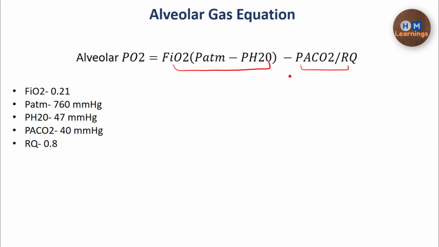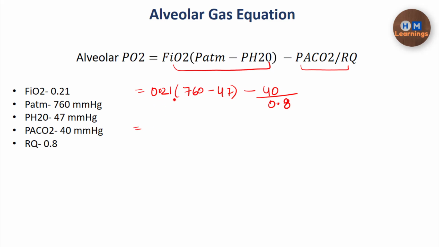This part tells you the partial pressure of oxygen which is replaced from the alveoli, because oxygen is continuously being consumed by the body and carbon dioxide is continuously being added in the alveoli. So if we put all these values here: 0.21 into 760 minus 47, minus PaCO2, which is 40 mmHg, divided by 0.8, which is the RQ.